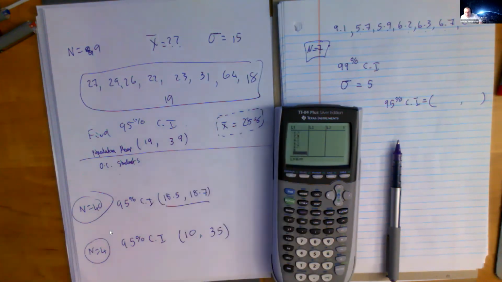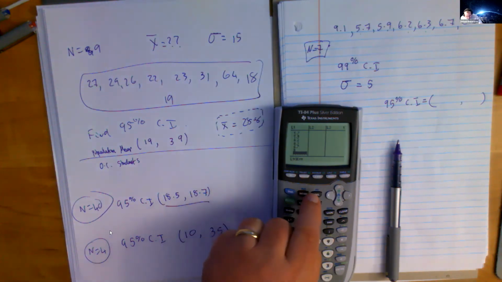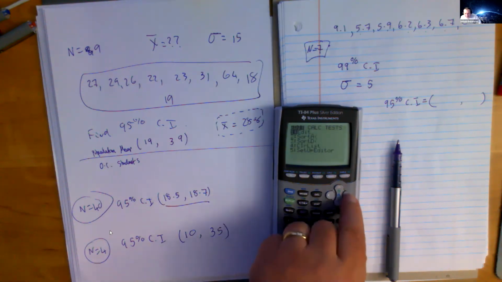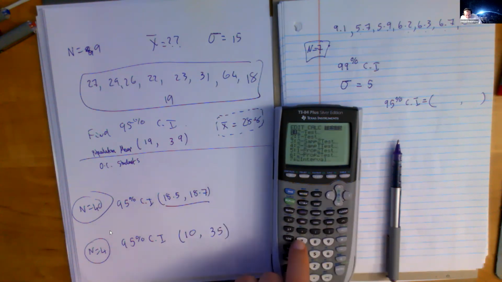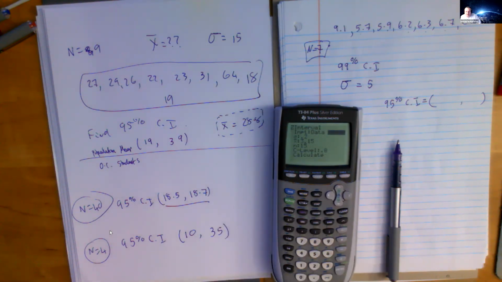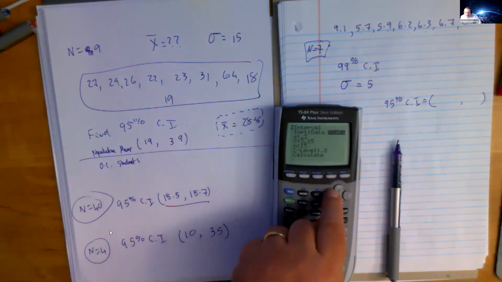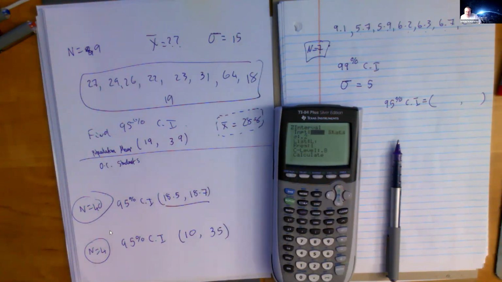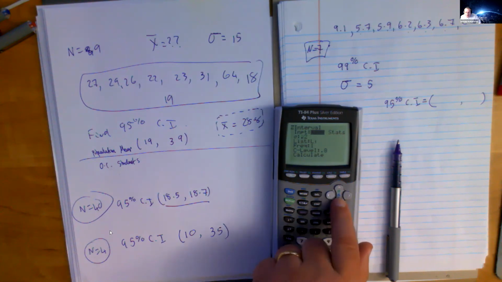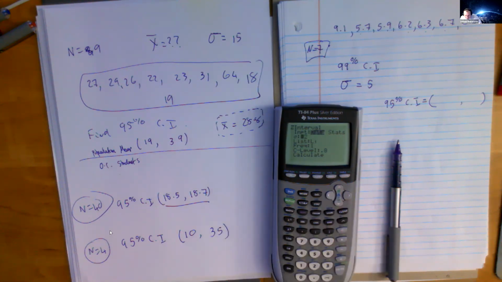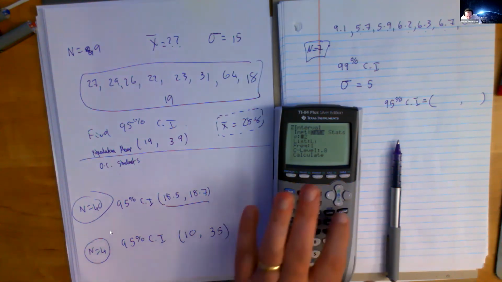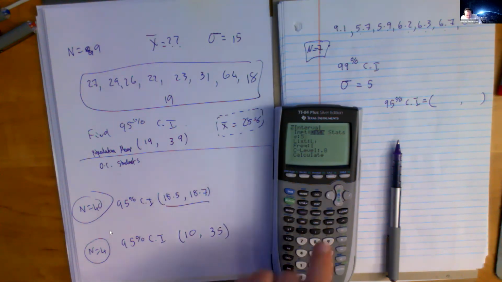Okay, I've just typed the data into L1. I'm now going to hit the Stat button, over to Tests, and choose 7. Right now it's on the Stats option, so if I move it over to Data, I can then move down, and sigma was 5 in this case, so I'll type in 5.